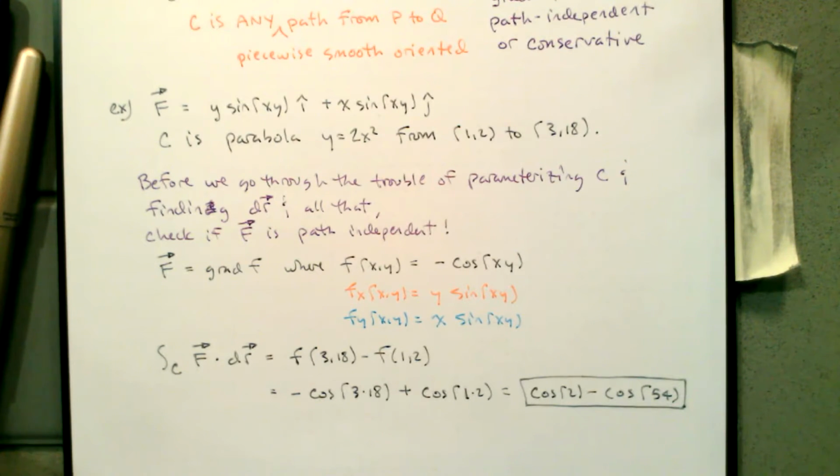But you can probably guess what I'm going to say next. A good exercise, since we're new at this, would be to parameterize the curve C, find dr, evaluate the vector field, and then work out the line integral to see if it comes out to cosine of 2 minus cosine of 54.